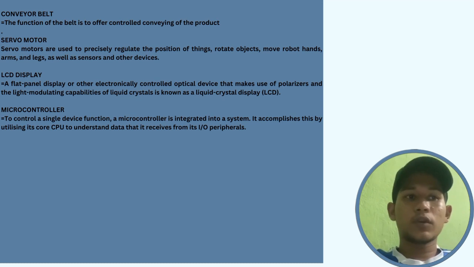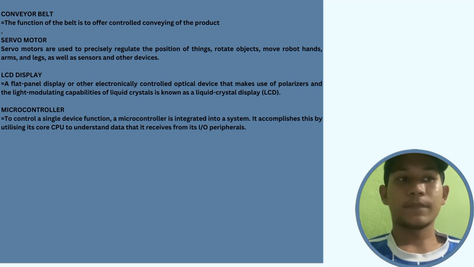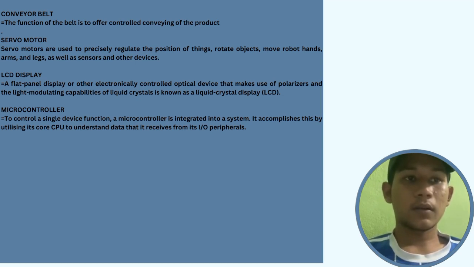Number 6, servo motor. Servo motors are used to precisely regulate the position of things, rotate objects, move robot hands and legs, as well as sensors and other devices. For number 7, LCD display. A flat panel display or another electrically controlled optical device that makes use of polarization and the light modulating capability of liquid crystal is known as a liquid crystal display.